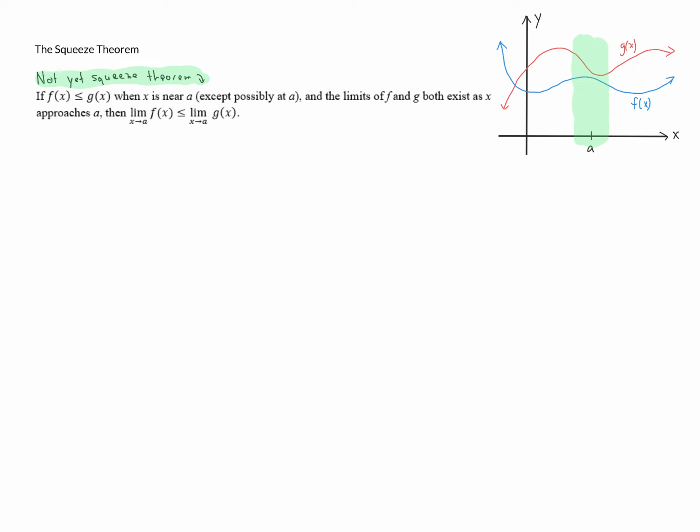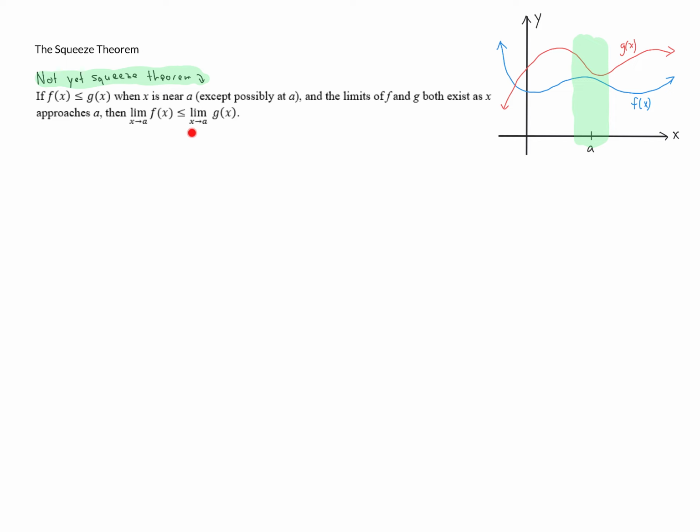But if we wanted the limit of f of x to be greater than the limit of g of x, then the graph of f of x is going to have to dip above the graph of g of x somewhere. This isn't a proof, just a bit of an explanation.